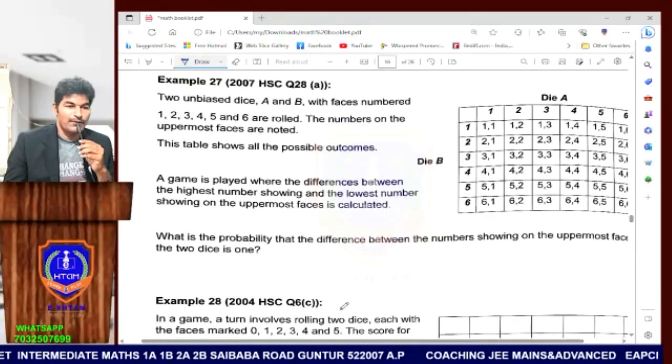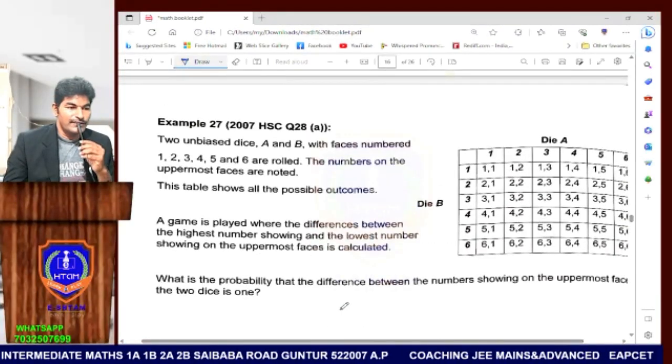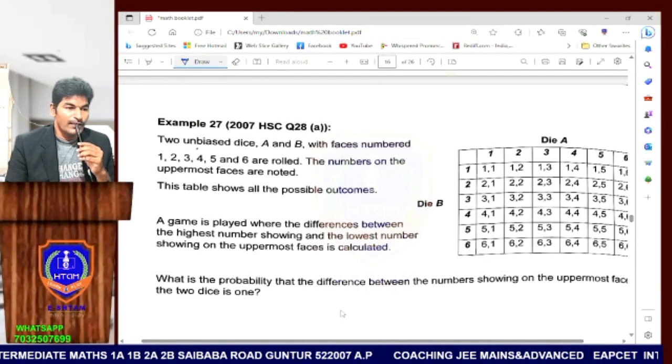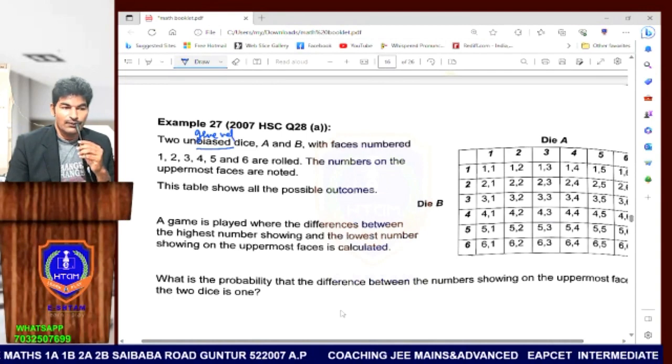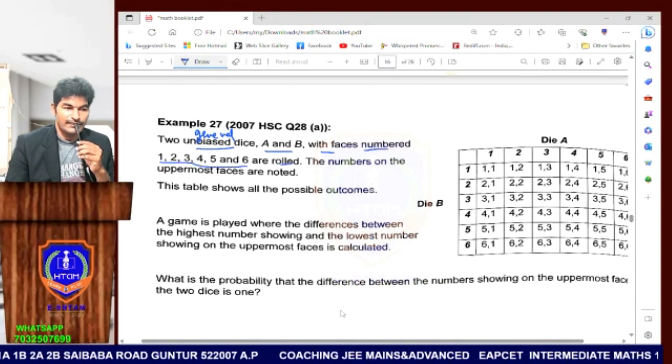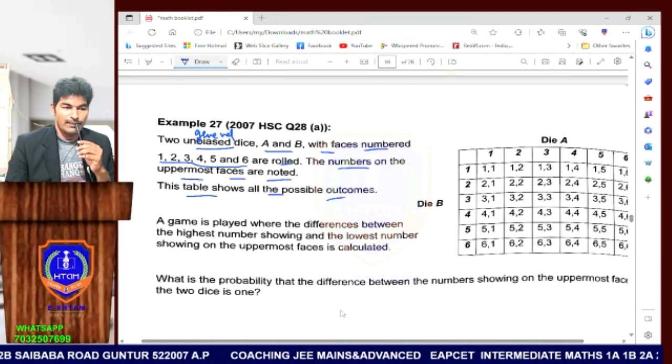Example 27. Two unbiased dice. Unbiased means general dice. General dice A and B with faces numbered 1, 2, 3, 4, 5, 6 are rolled. The numbers on the uppermost faces are noted. The table shows the possible outcomes.